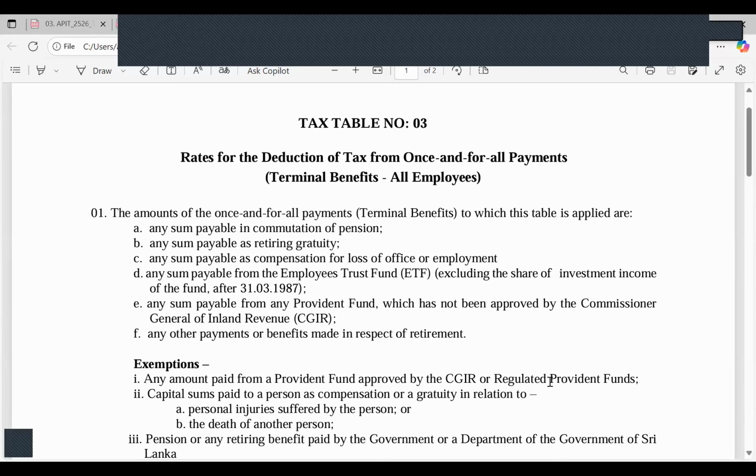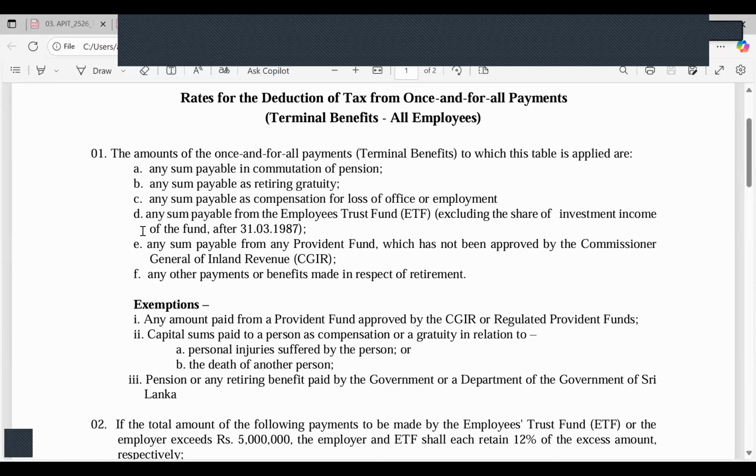So in that table it says the amount of the once and for all payments to which this table is applied are these. These are the income we have to consider for the application of table 3. Any sum payable in commutation of pension.